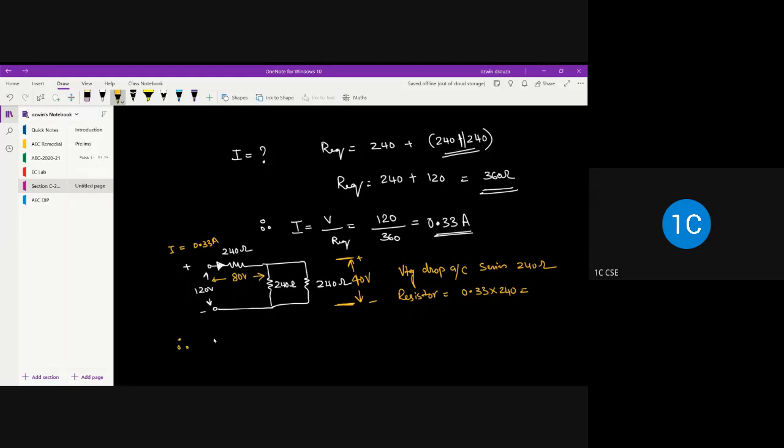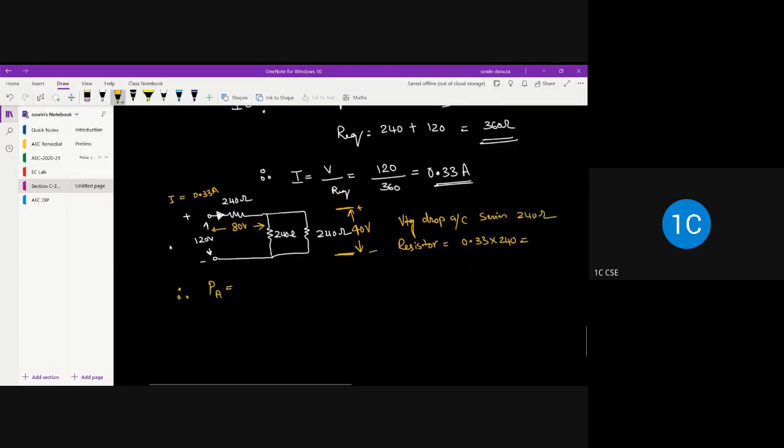Therefore, you can find out the power dissipated in lamp A. So PA is equal to the power dissipated in lamp A, which is V square divided by R. What is the voltage coming across resistor RA?